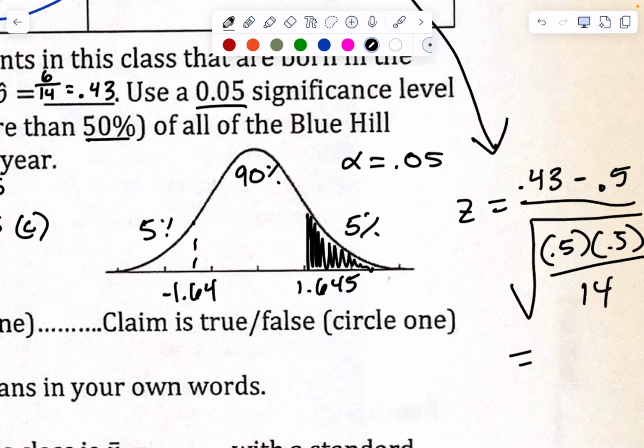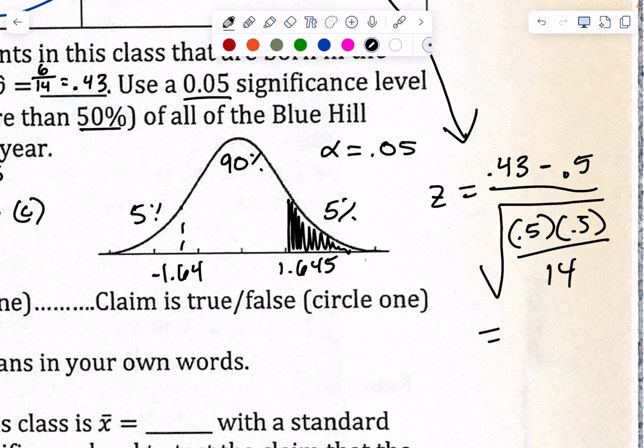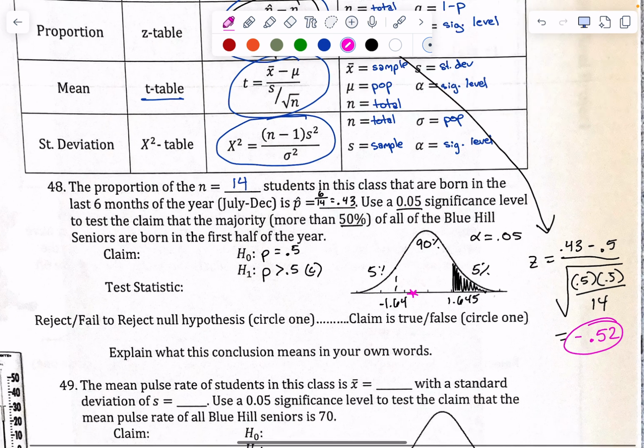What is the Z? It's not going to be 5 times 0.5 divided by 14, the square root. It's going to be negative, so over here, negative 0.52. This is your test statistic: negative 0.52.